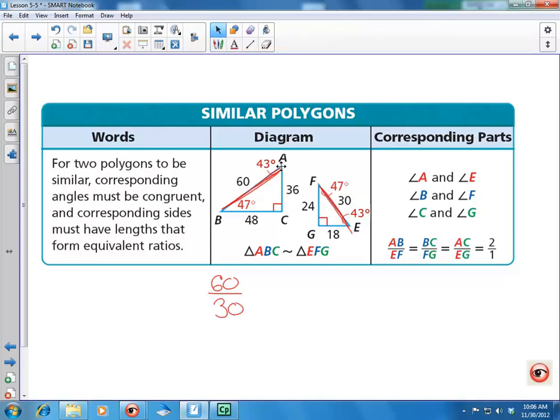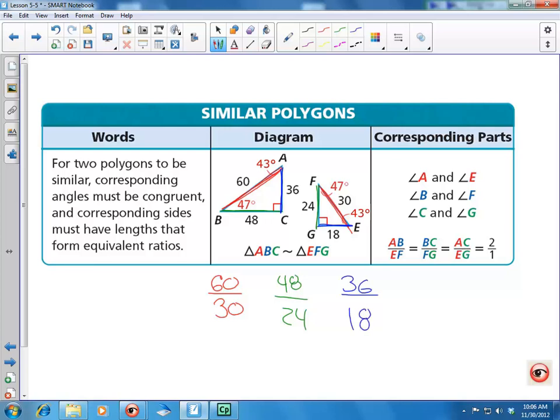Then it's saying that side BC, which is this side right here, which is 48, and side FG, which is this side right here, which is 24, and then finally side AC, which it says is 36, EG, this side right here, which is 18.